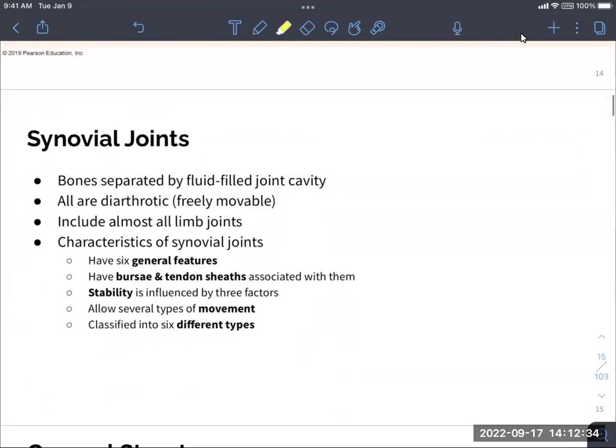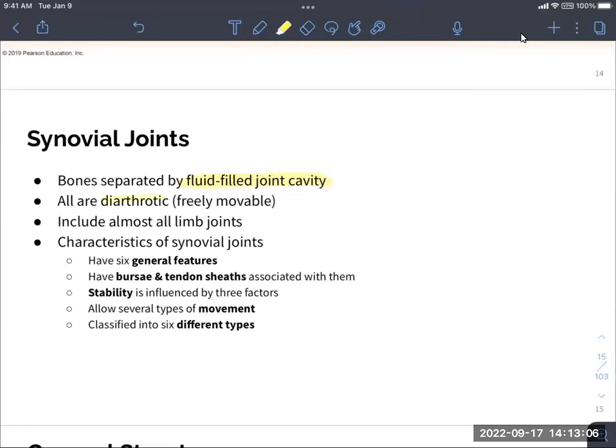Synovial joints. Synovial joints are freely moving. They're probably the most abundant type of joint in the body. We talked about with tissues. In a synovial joint, they have synovial fluid in a synovial cavity.